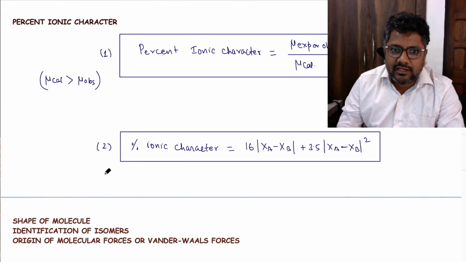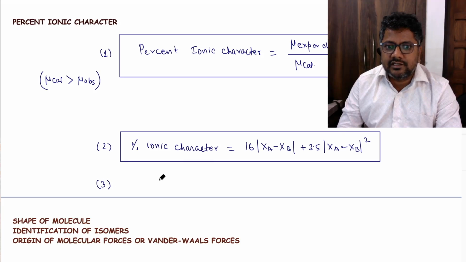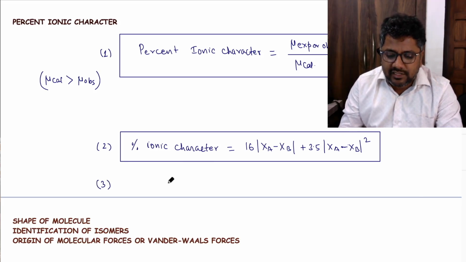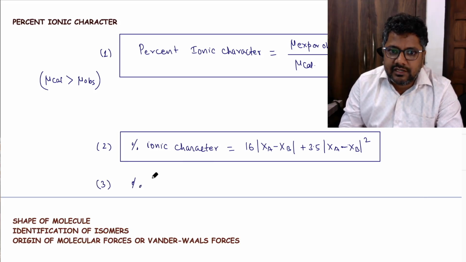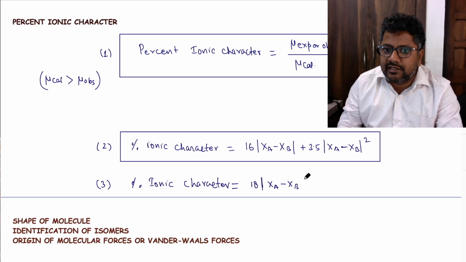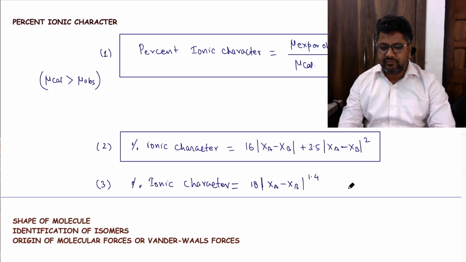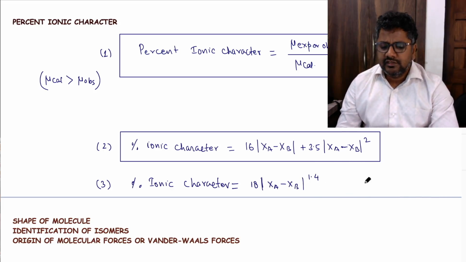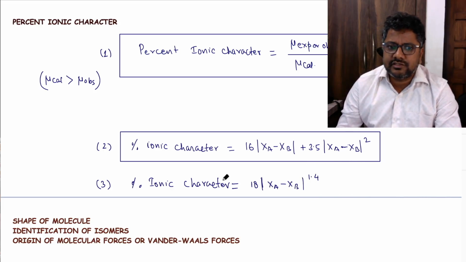One more formula is there, that is called Pauling's formula, and that percent ionic character is equal to 18 mod of XA minus XB, where XA and XB are the electronegativities, power 1.4, right? So this you can also use.